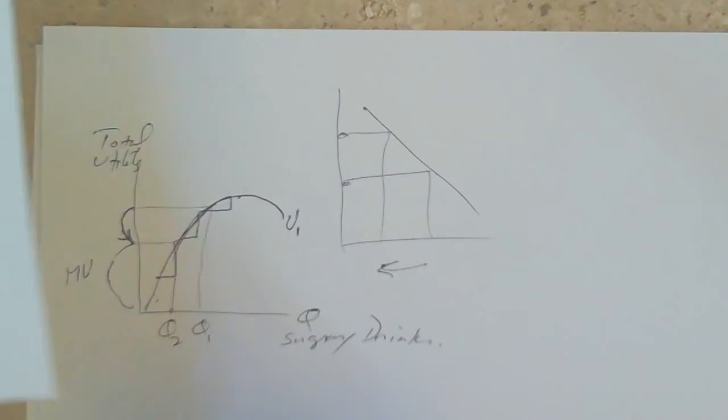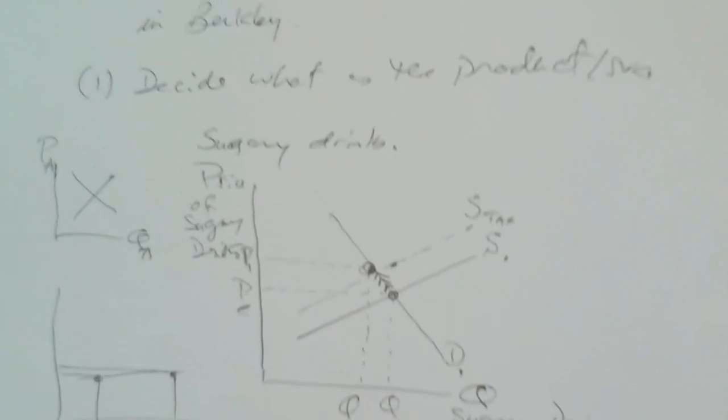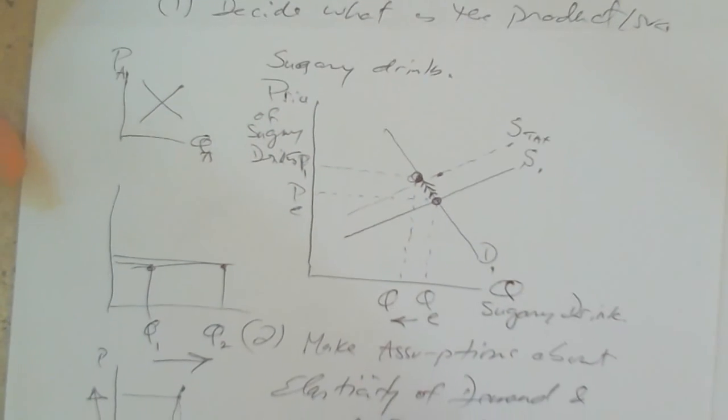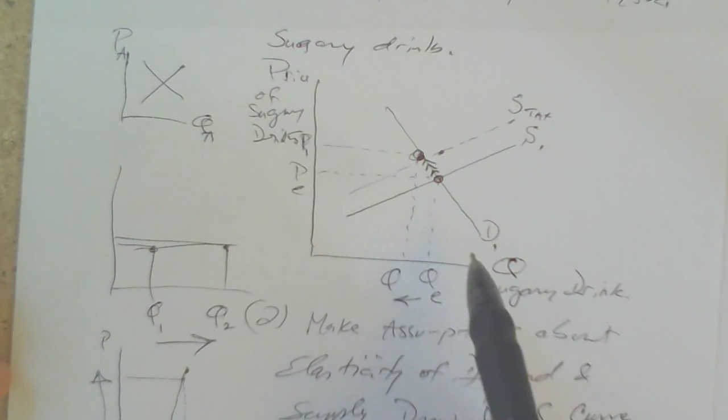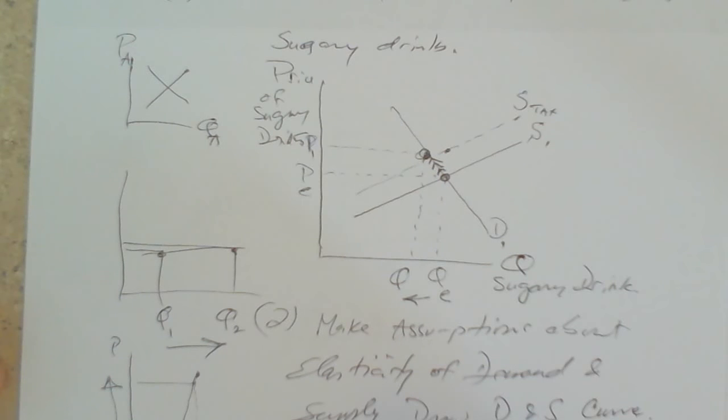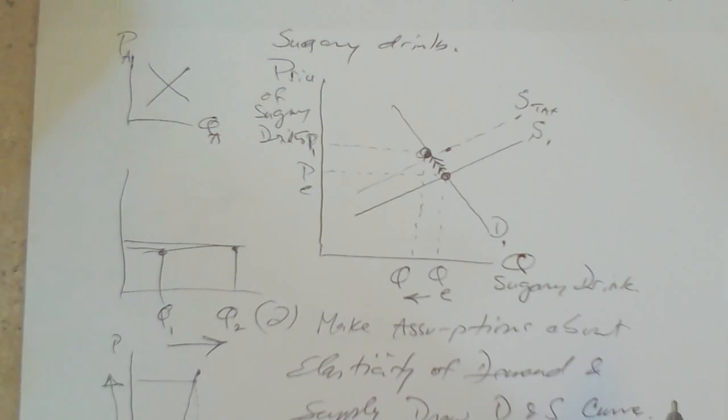We were pretty much done by the time you decided on the product or service that you need to examine, developed a market model, made assumptions about demand and supply elasticities, and then incorporated the dynamic of the question and demonstrated a new equilibrium, and you're done.